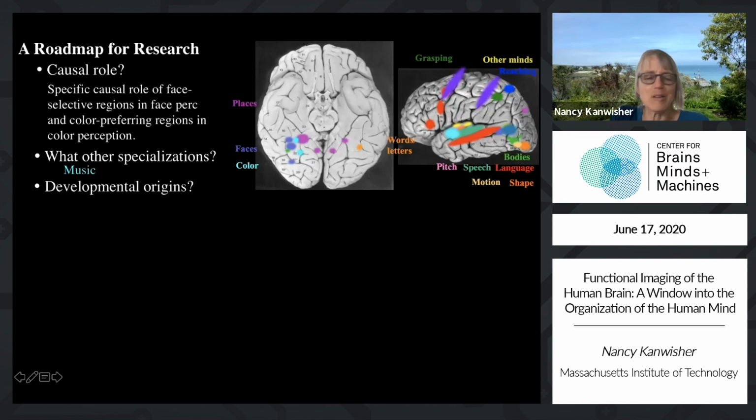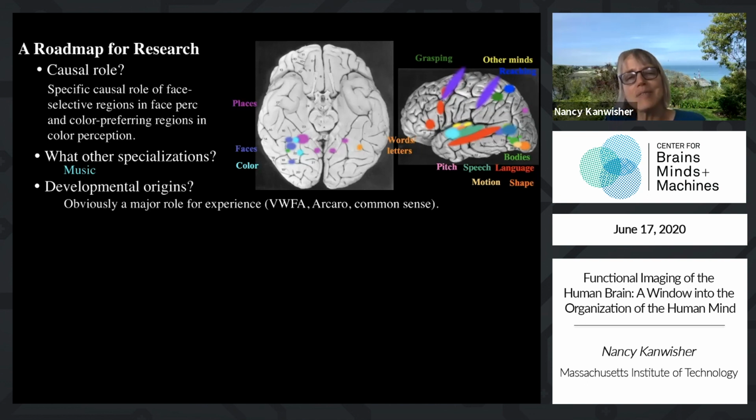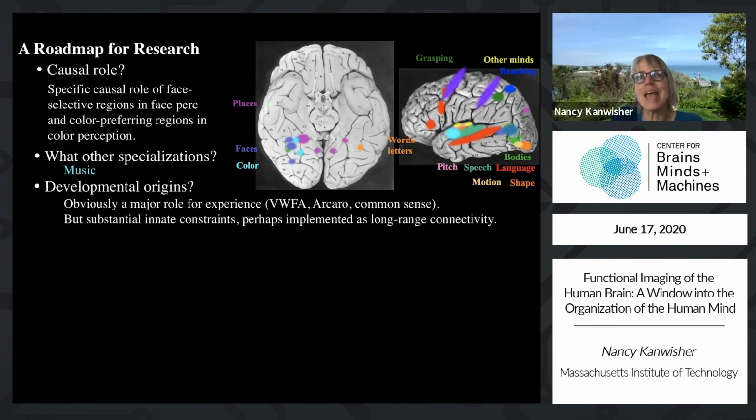And the part you didn't hear about development shows that we know there's a role of experience in development. For example, that visual word form area I described, it's only selective for visually presented words after you learn to read, not before. And in data I didn't show you, we think it lands in the same location across subjects because of pre-existing long-range connectivity of that region to other parts of the brain.